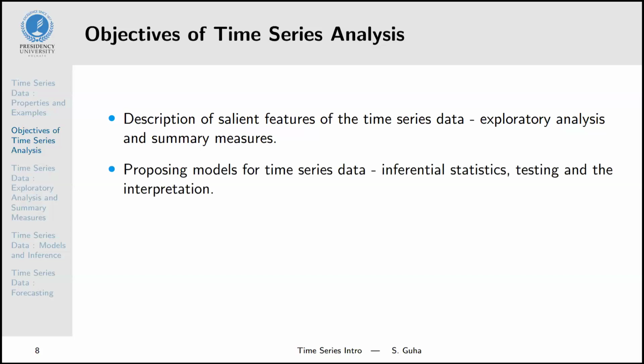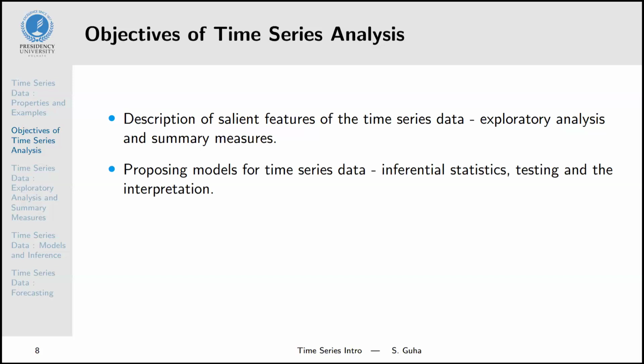Then, of course, the second step for time series analysis, like any kind of statistical analysis, is to model and do inferential statistics. Like in a conventional statistical data set, you report summary measures like mean, standard deviation, skewness, etc. But you don't stop there, because in the next step, you propose some statistical model for your data, and then you carry out inferential statistics.